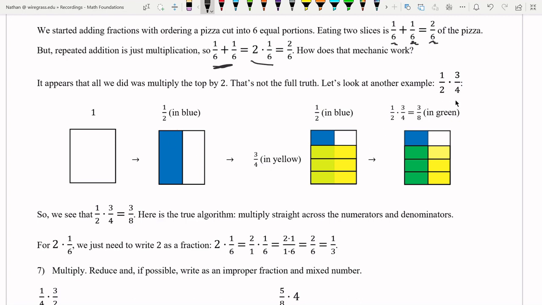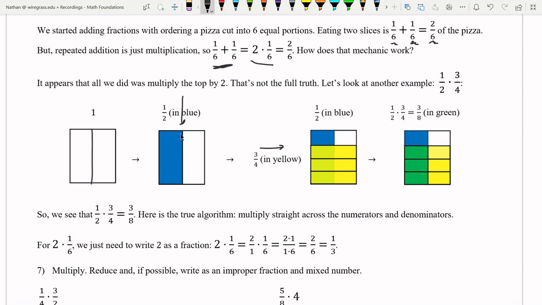So let's look at this example here, which is what you normally think of as fractions. We're going to start off with our whole unit, which is just going to be a box, and then we're going to cut this thing in half, just going straight down, and that gives us 1/2, which we're going to show here in blue. That's 1/2. Now, instead of looking down this way, top down, we're going to look this way, and I'm going to cut it into fourths.